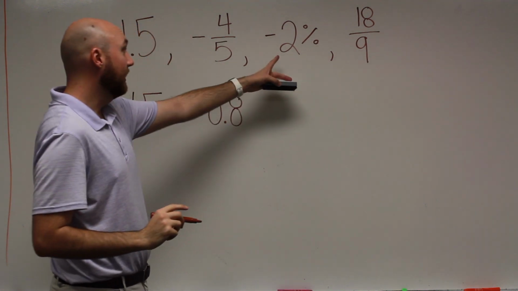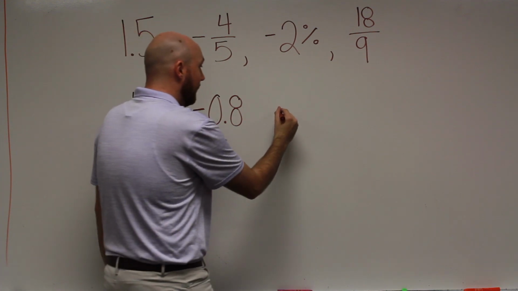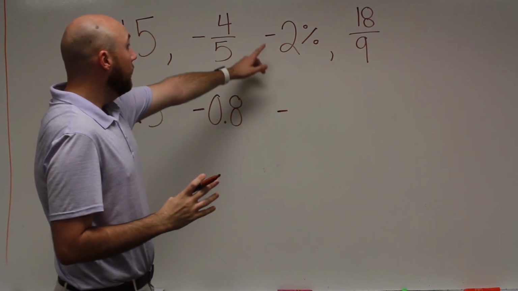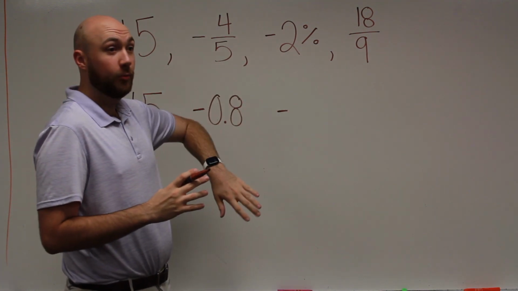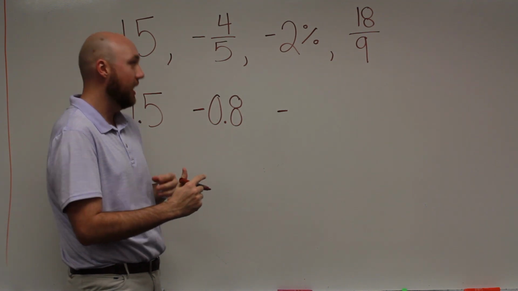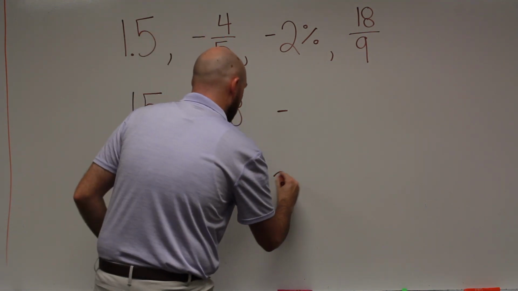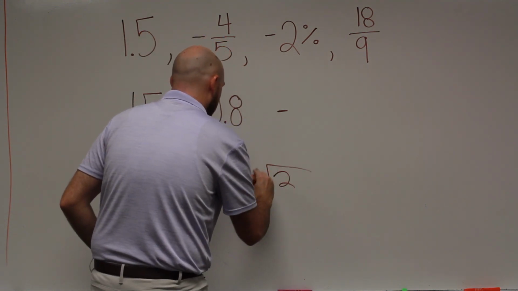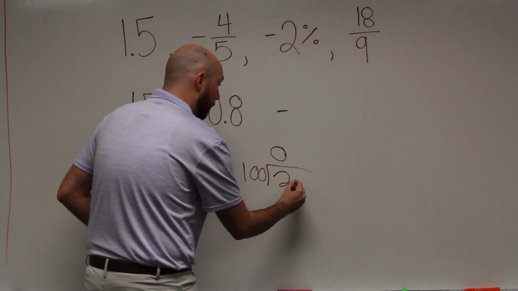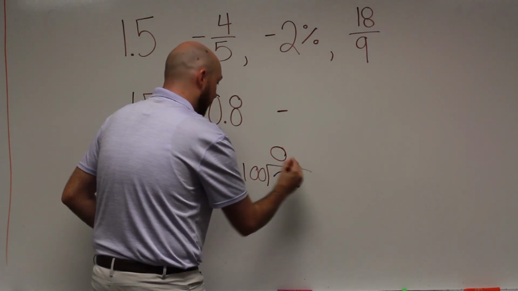Right? Negative 2%. I'm going to drop my negative again because I'm not going to forget about him. Now we're going from percent to decimal. How do we do that? We divide by 100. So we've got 2, and we divide it by 100. 100 cannot go into 2. Bring my decimal up. Can't forget about my friend.